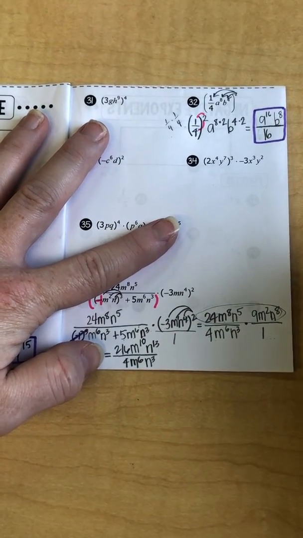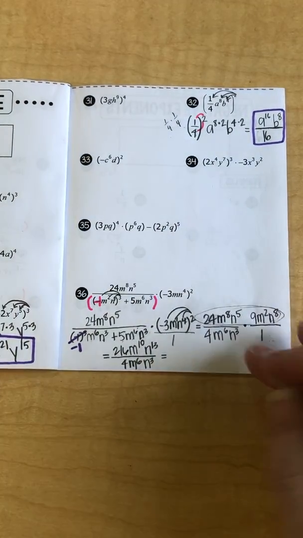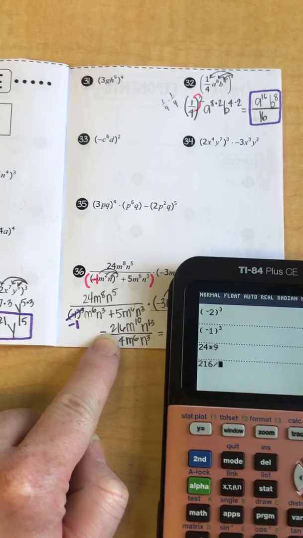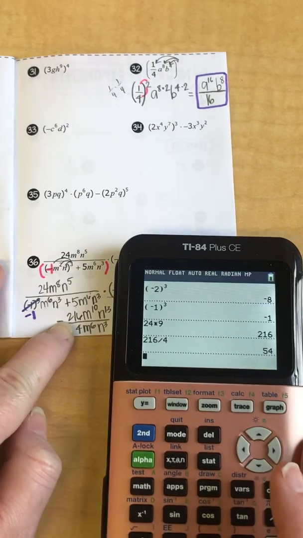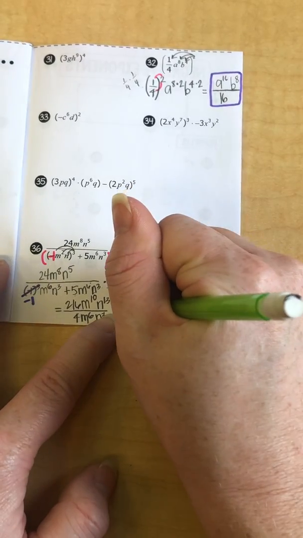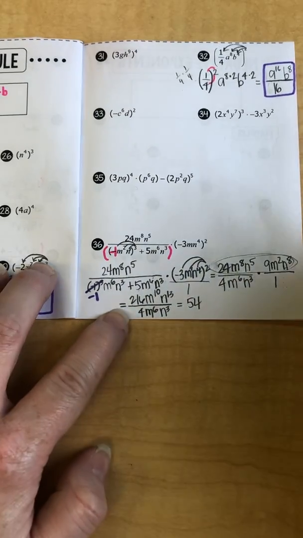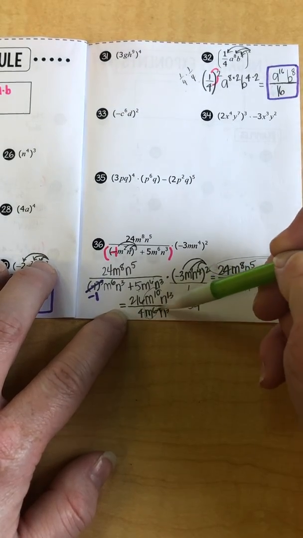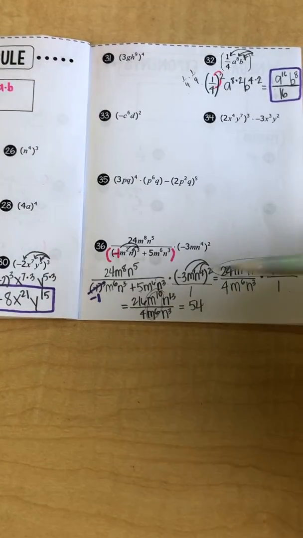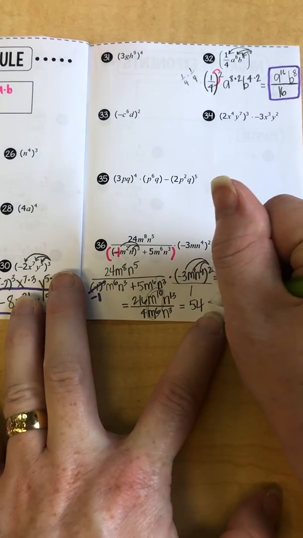Now I have one more step, okay? This seems like a lot, but I want to check in real quick, and I want to see if 216 is divisible by 4. I got a pretty number, 54. So that is going to go right here, okay? Then I'm going to work with my m's. I'm dividing two things that have the same base, so I will subtract their exponents, okay?